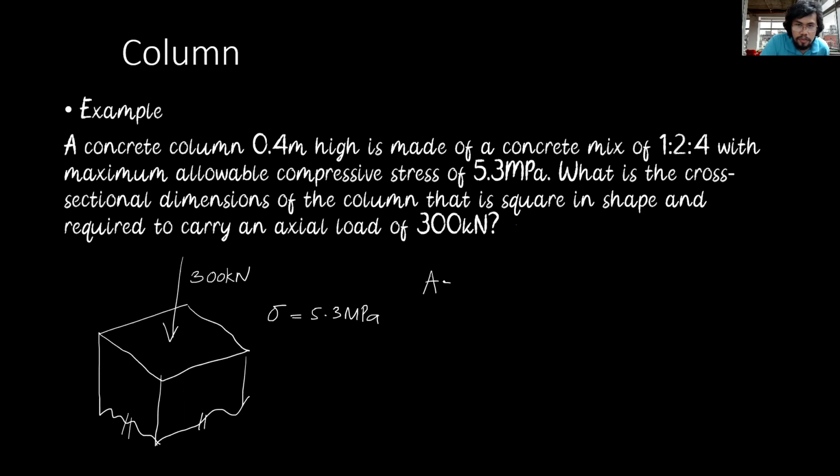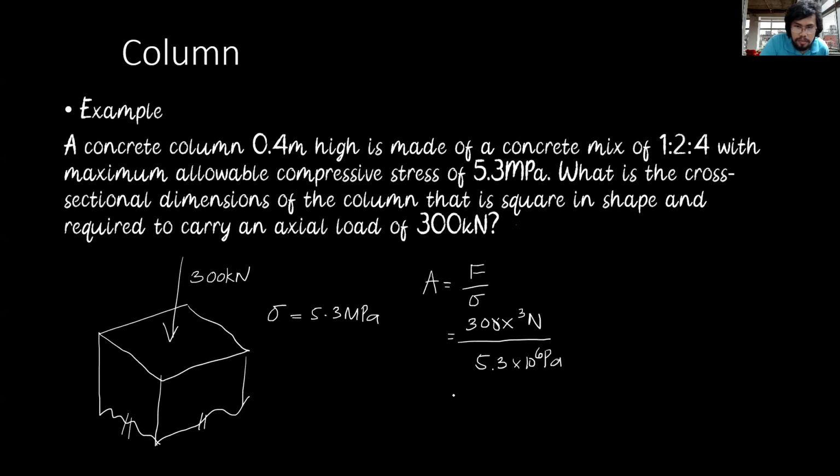We have the formula A equals F over sigma, and we have 300 times 10 to the 3 newtons over 5.3 times 10 to the 6th pascals.